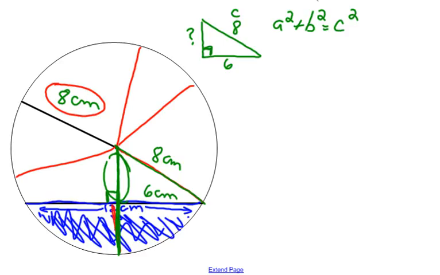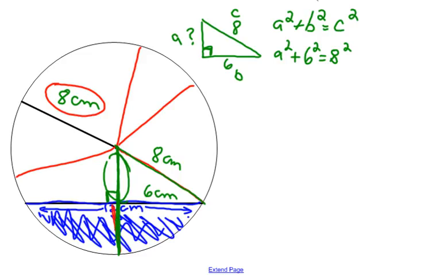Whether the question mark is a or the question mark is b won't make a difference. But let's call that a, and let's call that b. Now as we're substituting, a squared plus b squared, which is 6 squared, is equal to 8 squared.